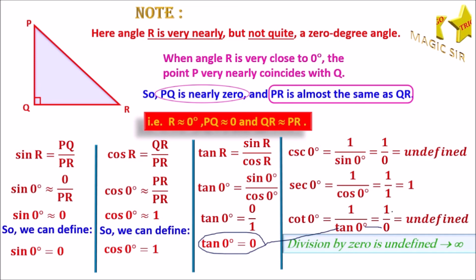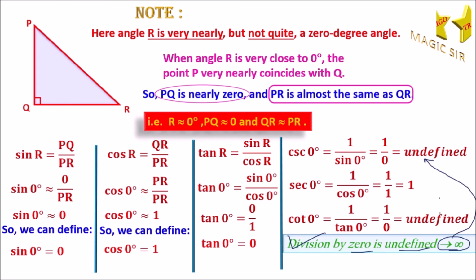And we know that division by 0 is undefined. So we have cot 0 degree is equal to undefined. Usually the symbol infinity is used instead of division by 0 is undefined. Infinity is not a number.